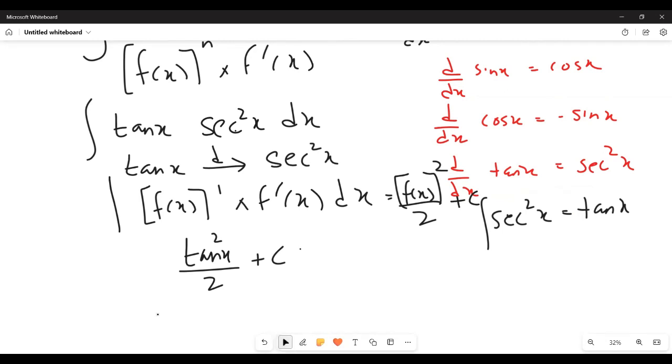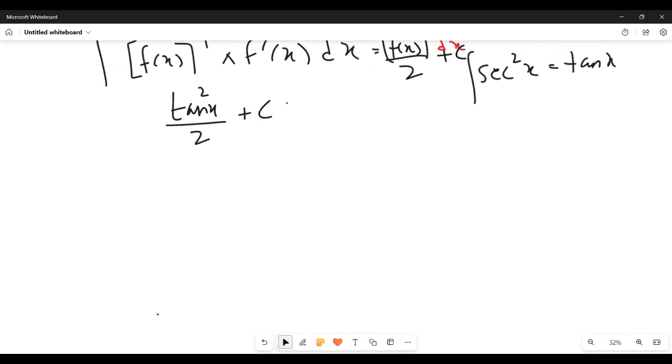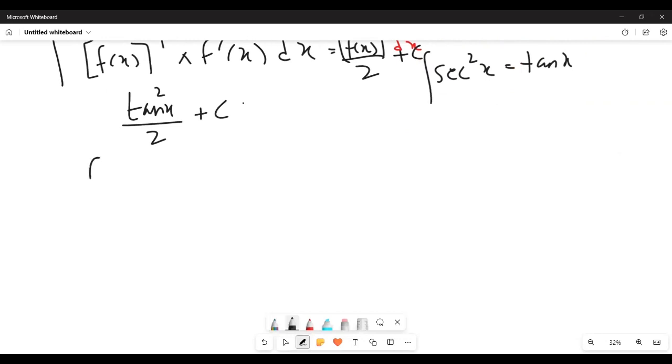Okay, another one. Integration of secant square x tan power 5x dx.